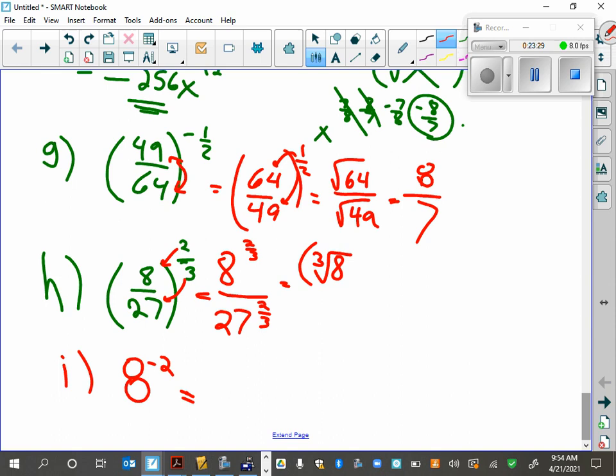You do the bottom one, and then you simplify it for me. So your final answer should be a fraction.